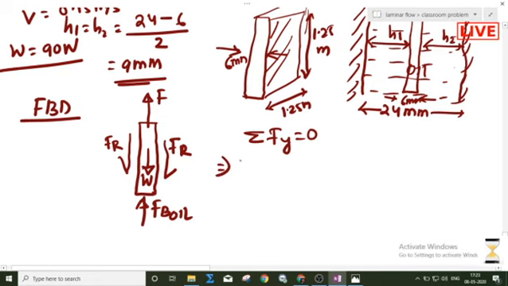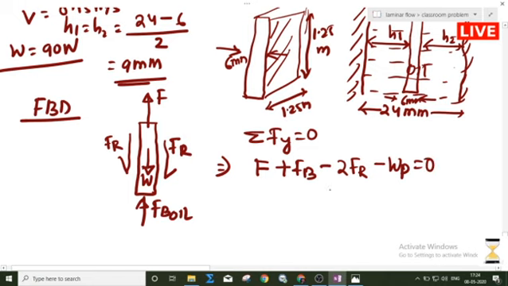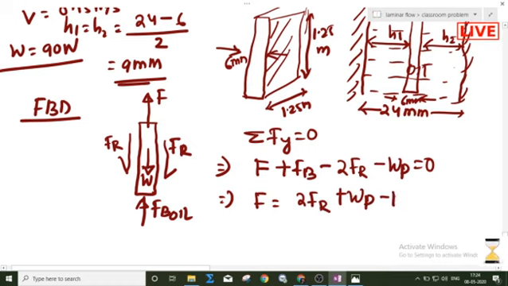I can write the upward direction forces as positive. So the force F plus the buoyancy force minus 2 times F of R minus the weight of the plate will be equal to 0. So now the equation: F will be equal to 2 times F of R plus the weight of the plate minus the buoyancy force. This is equation 1.